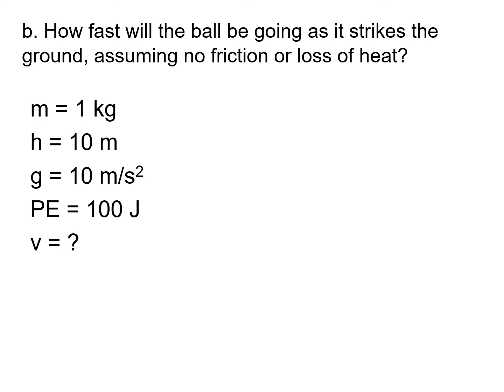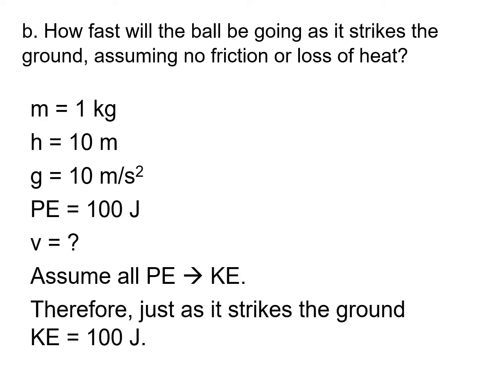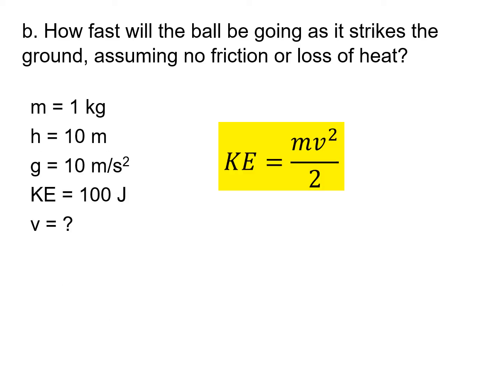Now the second part of the question asks, how fast is it going just before it hits the ground? One way to figure that out is to assume that all the potential energy changes into kinetic energy. So just before it strikes the ground, it must have 100 joules of kinetic energy. Now how does that help us? Well, the formula for kinetic energy involves speed, which is the variable we're looking for.